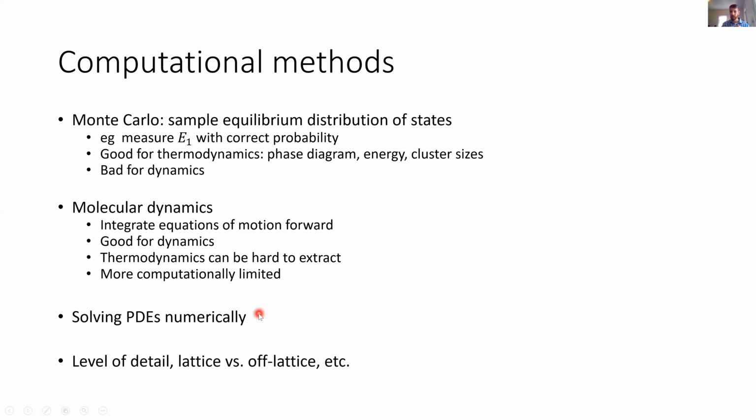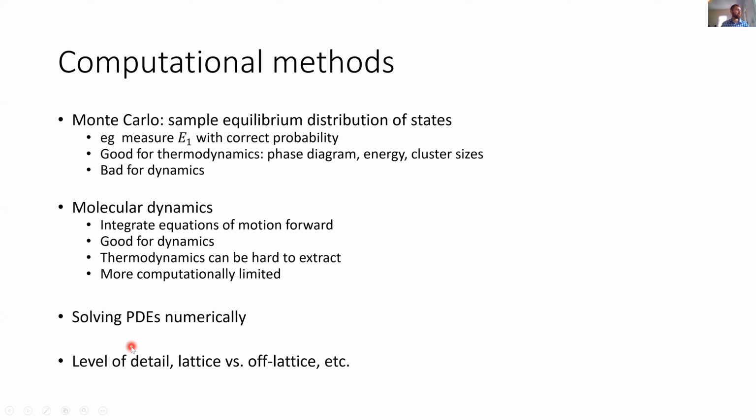On the other hand, if you have an analytical theory of fluids that phase separate, like in a Cahn-Hilliard model, you can also just write down these differential equations and solve them numerically to study phase separation that way. And with any of these methods, there are lots of interesting questions about the level of detail or granularity.